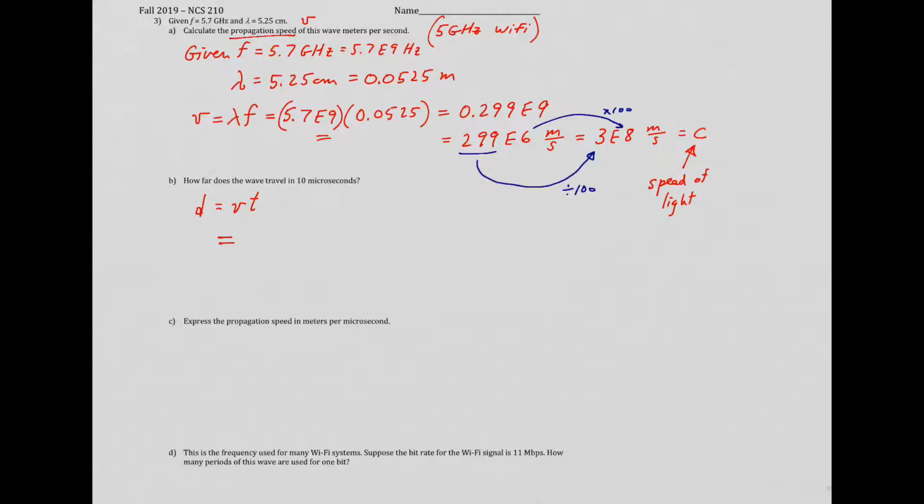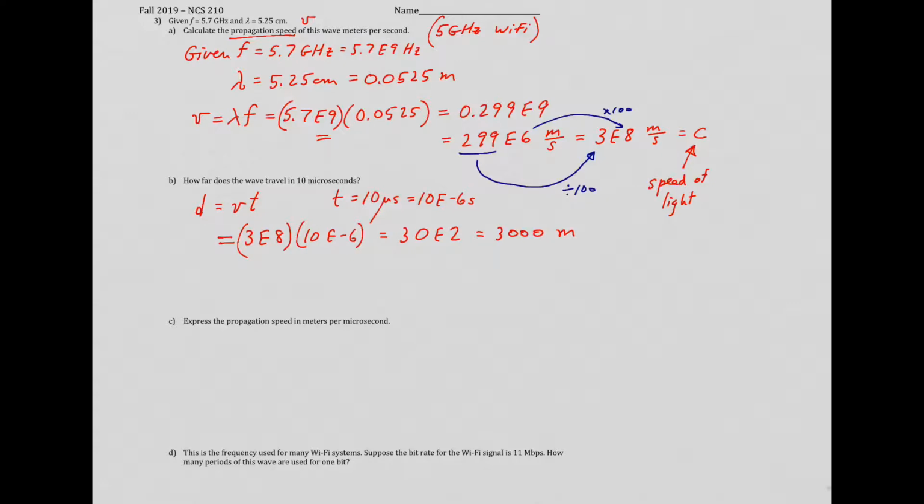And if I plug in my velocity here, 3e8 meters per second, and my time, t is 10 microseconds, which is 10e-6 seconds, I'm going to get 30 when I multiply the mantissas, and I'm going to get e2 when I go 8 minus 6. 3,000 meters. Okay.